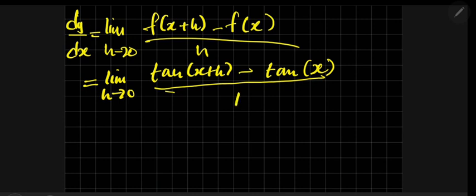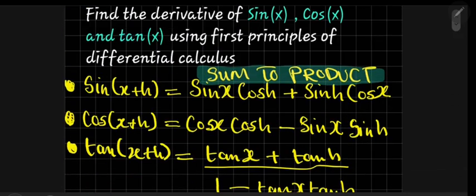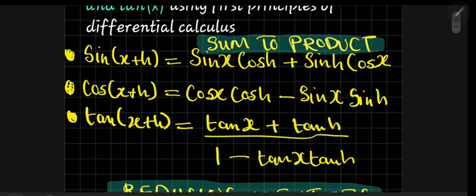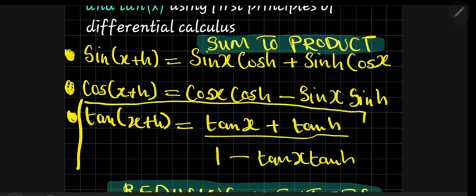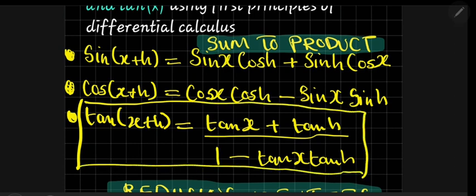Let me write my h properly. Alright, so from here we use the sum to product identity for tan, and if you remember very well, I wrote it initially, it's over here. So we just have to replace this into that function.